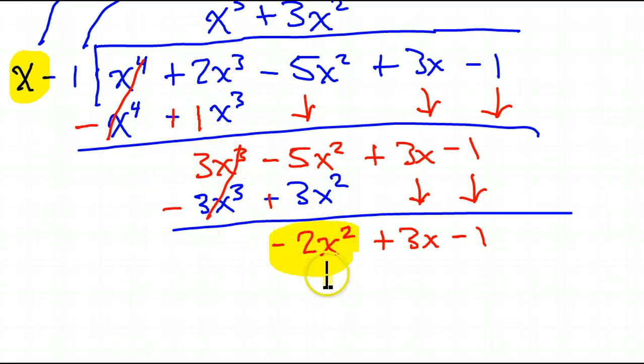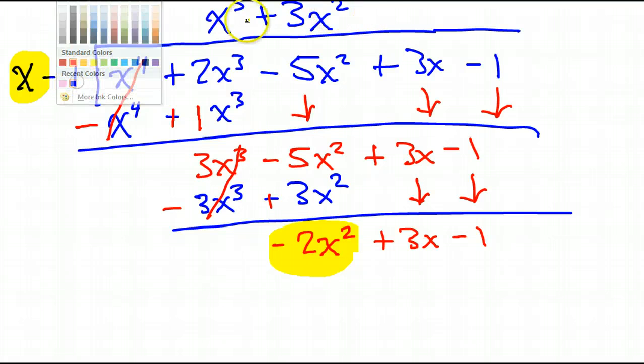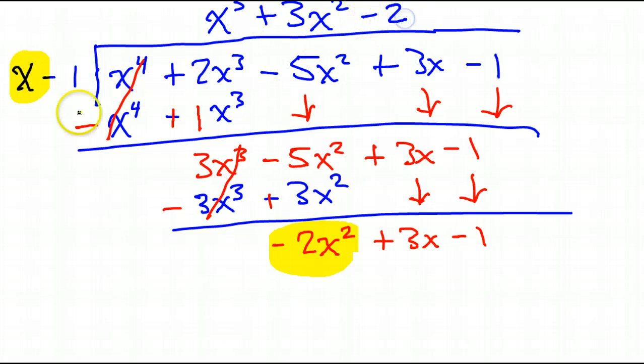So now we're looking at these two terms, and we are asking ourselves, x times what makes negative 2x squared? Well, you see the negative 2, so you know we're going to need that, because 1 times negative 2 is negative 2. But we also need x squared, so x times x will make x squared.